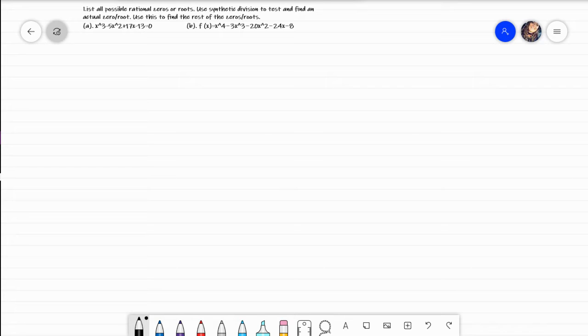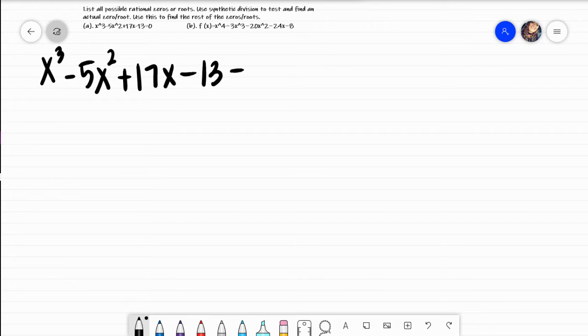I'm going to have some continuity and write it the way that it's written. So list all possible rational zeros or roots. What I'm looking at is x cubed, negative 5x squared, positive 17x, negative 13, and then equals 0.